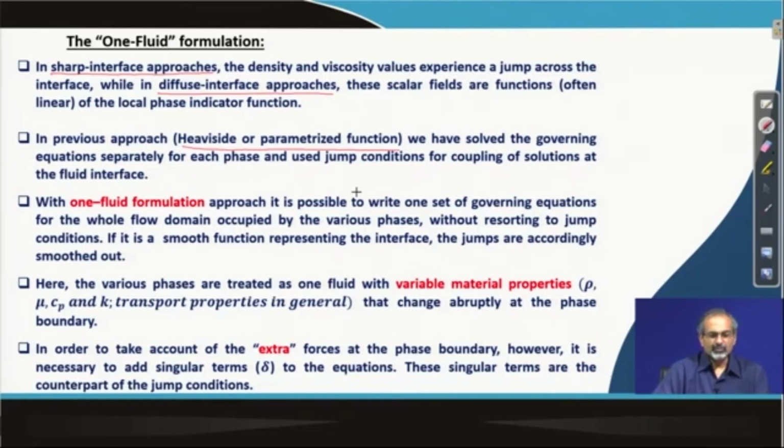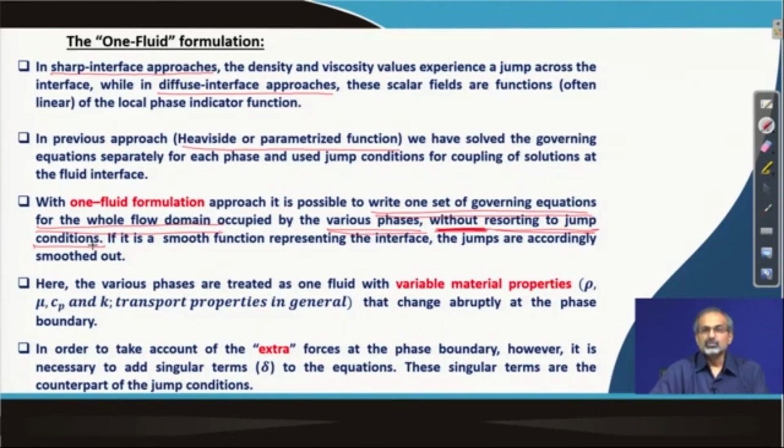Now, if we look beyond this approach, we can think about the one fluid formulation approach, which is possible when you write one set of governing equations for the whole flow domain. So, we are going to use one set of equations, and we are going to apply it to the whole flow domain, where the various phases are embedded anyway, but we are not going to resort to jump conditions across the interface.